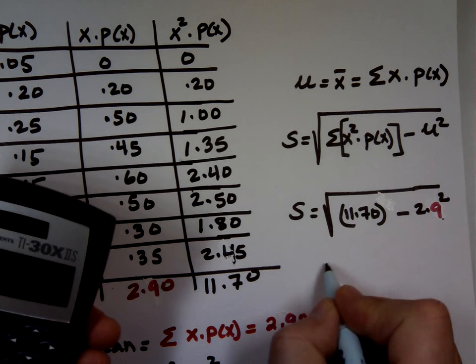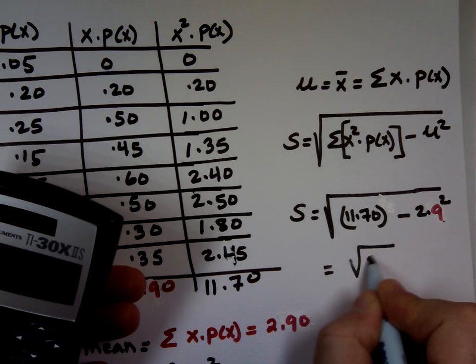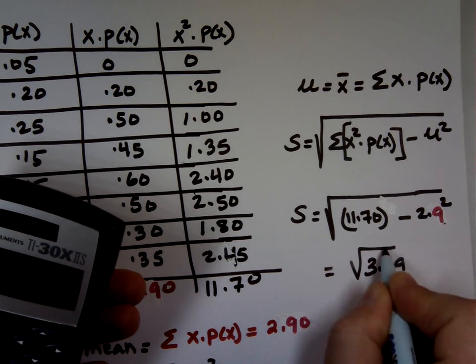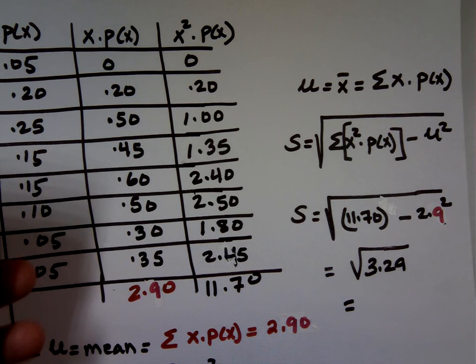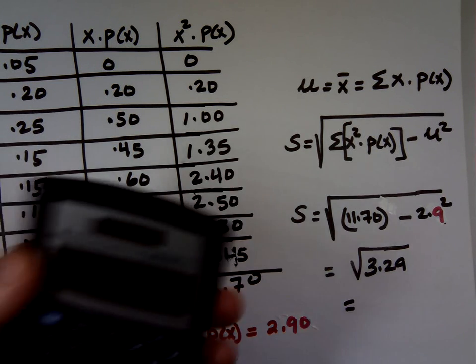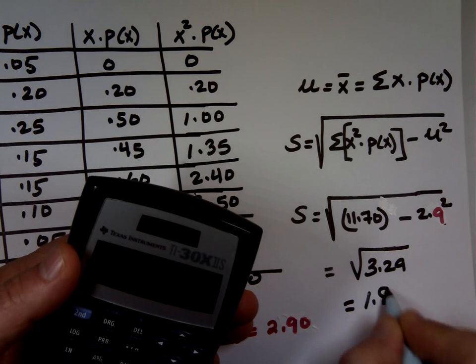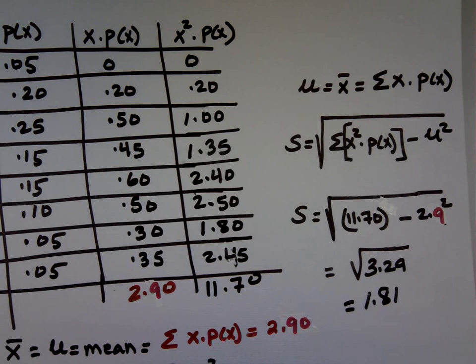So I end up with the result of what? 3.29. Take the square root of 3.29. It's 1.81 eggs. That's what the standard deviation is.